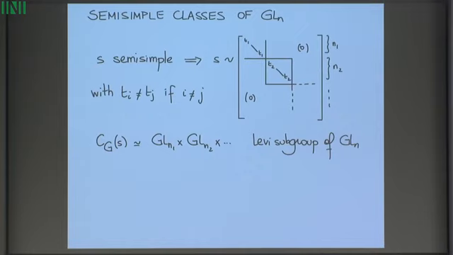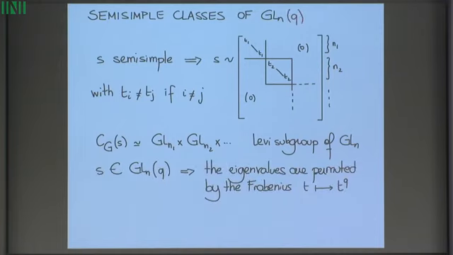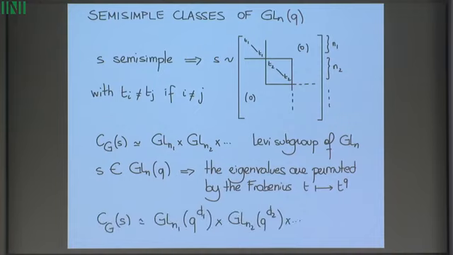They can be in some extension, but at least you know they will be permuted by the Galois action. So if I start with an element which lives in the finite group, GLN of FQ, the eigenvalues are permuted by the Frobenius. And if I want to look at now what's this centralizer of S, it's also rational. It's defined over FQ.